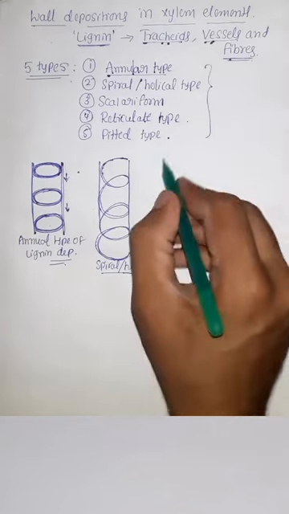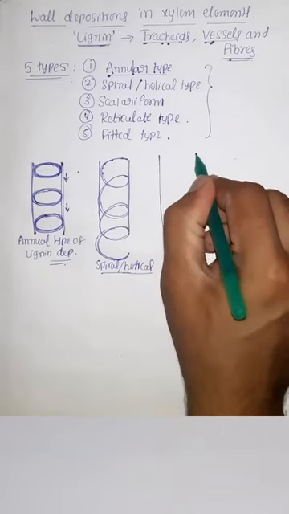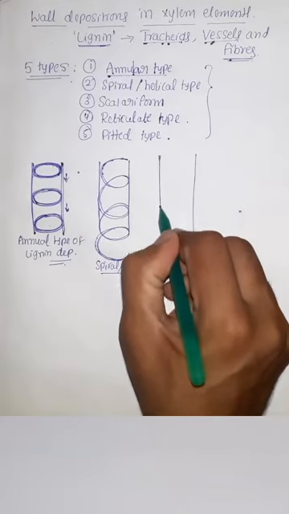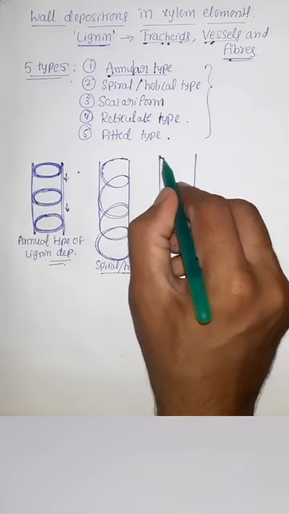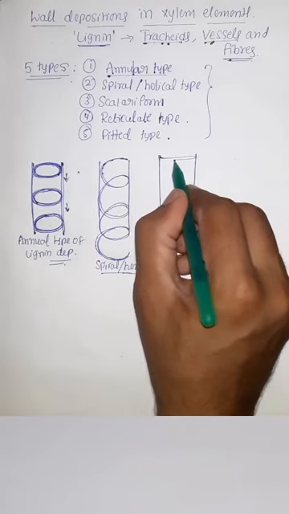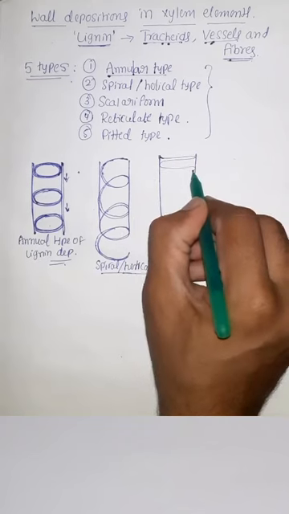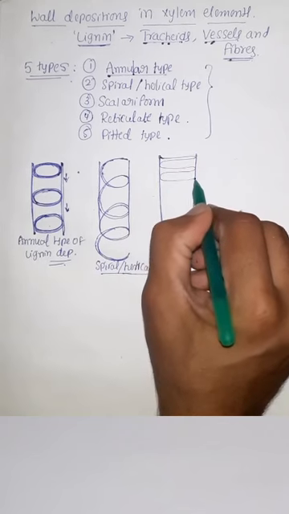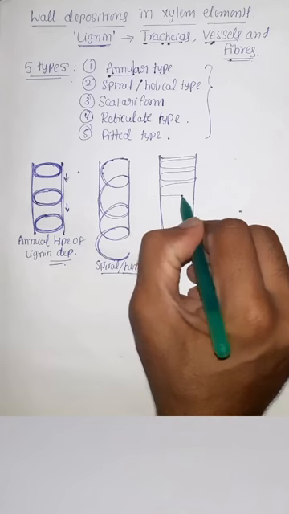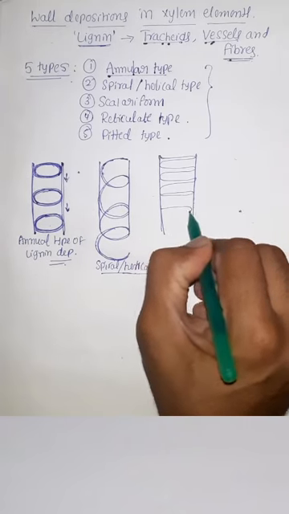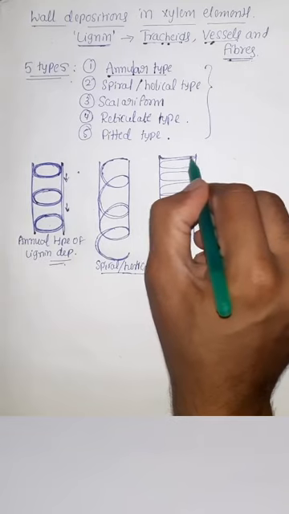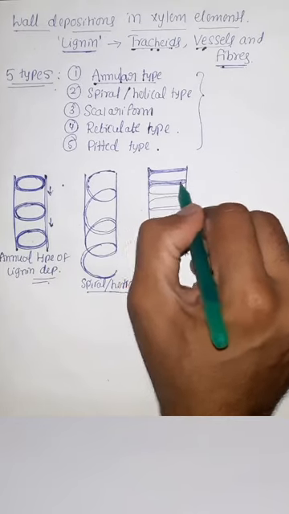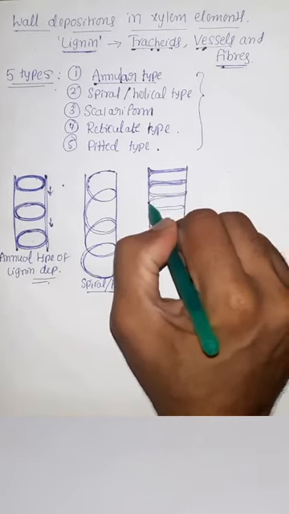The third type is scalariform. This is the primary wall of the cell. Here the lignin deposits on horizontal bands or strips like this. The lignin will deposit on these horizontal strips only.